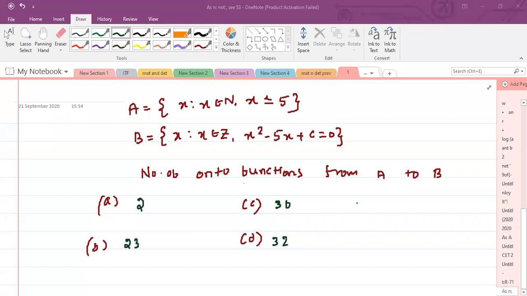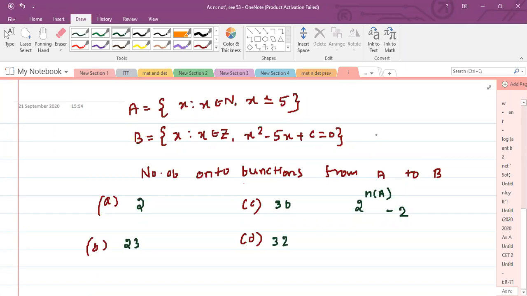So the simple formula is 2 raised to n of A minus 2. This formula is mentioned in the synopsis. If set B contains two elements, then this is the formula.